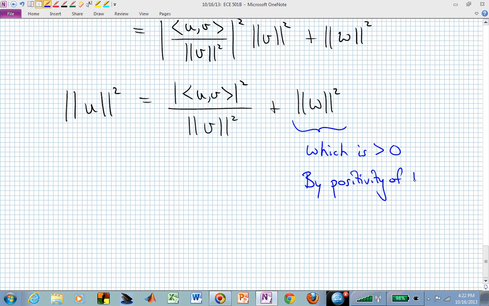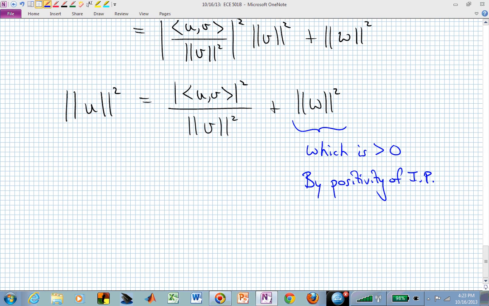By the positivity of our inner product, we know that to be true. We know the norm has to be non-negative. Well, if that's the case, why don't we throw that piece away, and then we know that the left-hand side has to be greater than or equal to the right-hand side after eliminating that w squared.